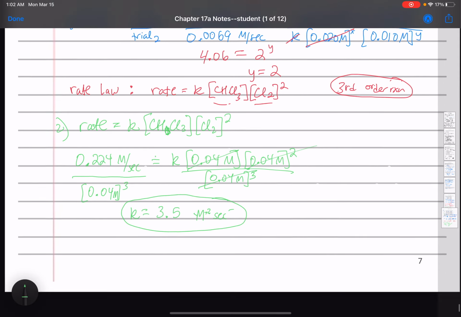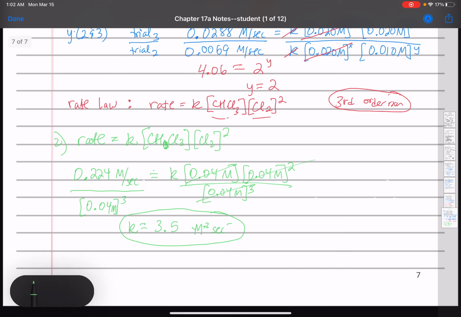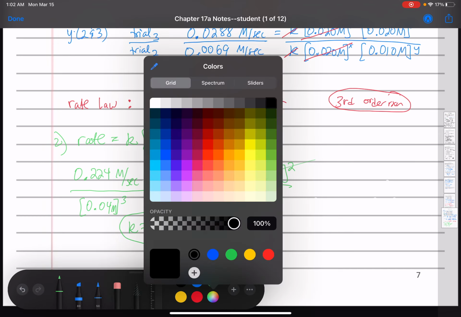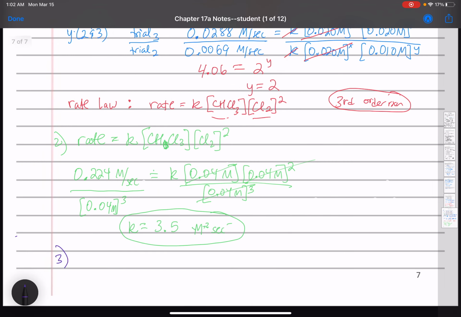So a third part of the question that could be asked, I'm going to give myself a fun new color. Okay, so we're done with the problem. It asked for the rate law, and we found the rate law.